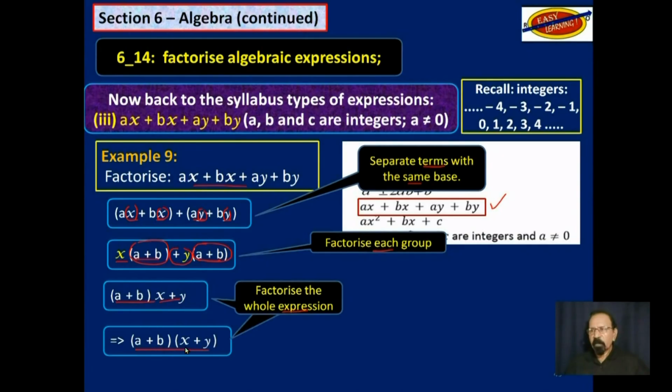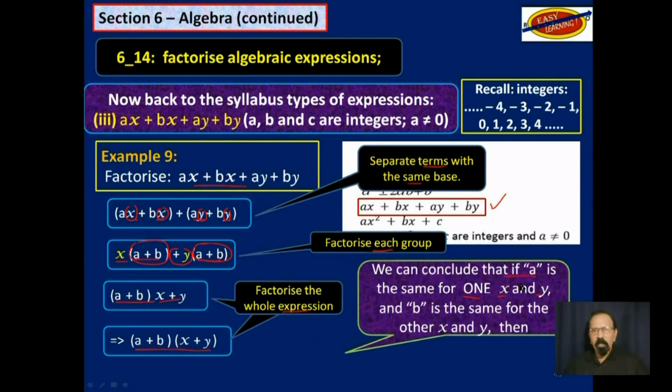A plus b multiplied by x plus y. We can conclude that if a is the same for one x and y, and b is the same for the other x and y, then this is what happens. Ax plus bx plus ay plus by is equal to a plus b multiplied by x plus y.